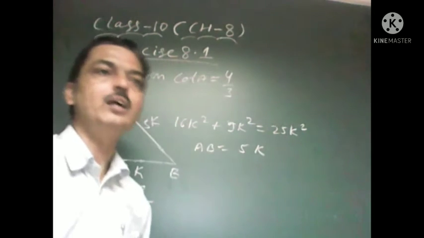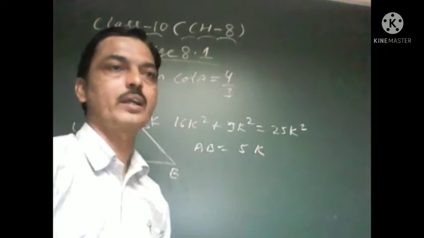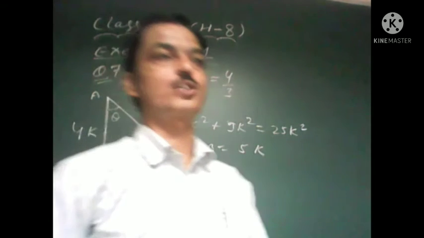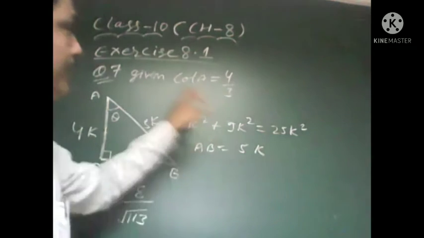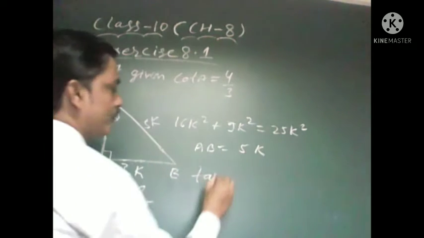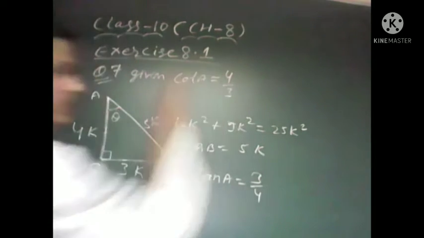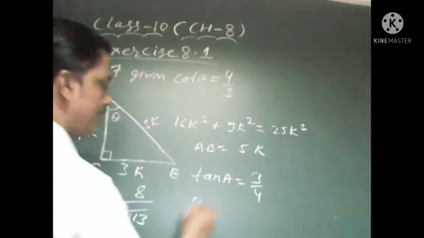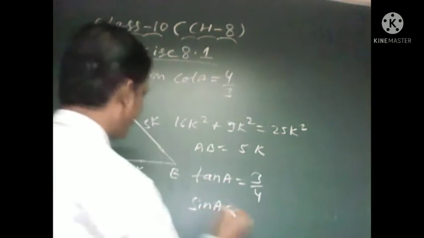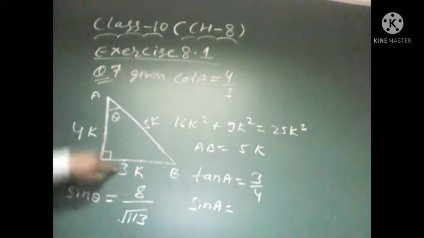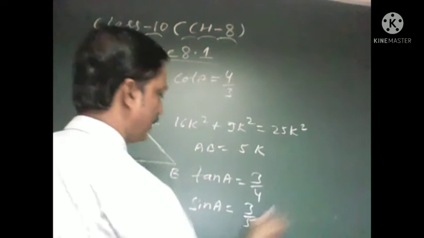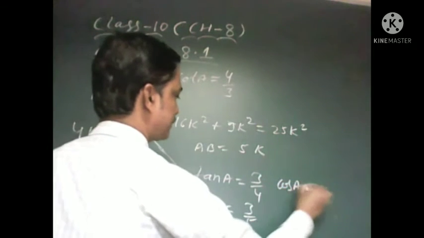Now, what we need to calculate here? (1 minus tan square A) upon (1 plus tan square A) is equal to cos square A minus sin square A. So first we need to calculate tan A. What is tan A? Tan A is the reciprocal of this, that's why 3 by 4. Yes or no? Now, what is sin A? Sin A is opposite upon hypotenuse, for this angle, 3 upon 5. And what is cos A?